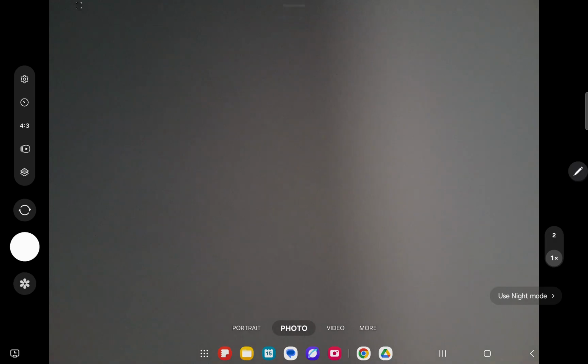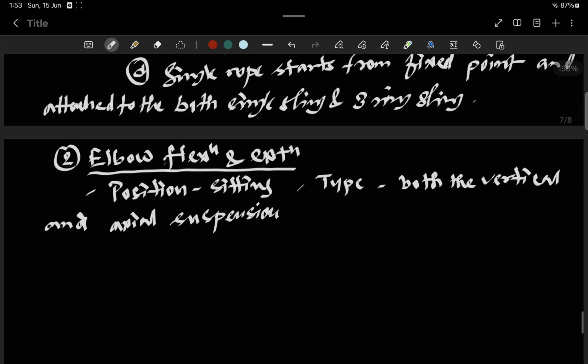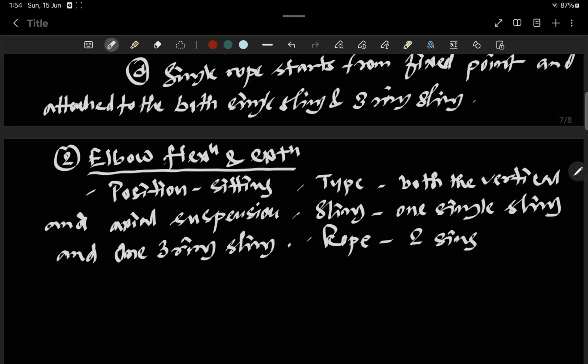Okay. Vertical and axial suspension. Now the slings used are one single sling and one three ring sling, same as the shoulder adduction. Ropes used here are two single ropes.